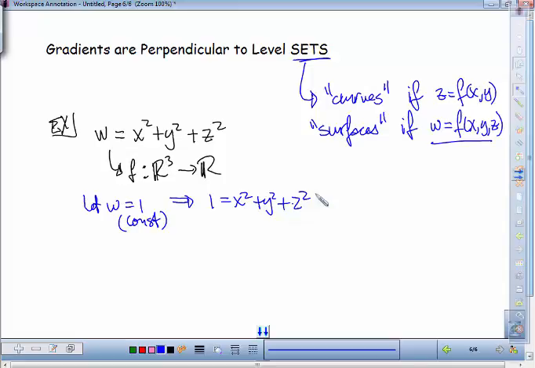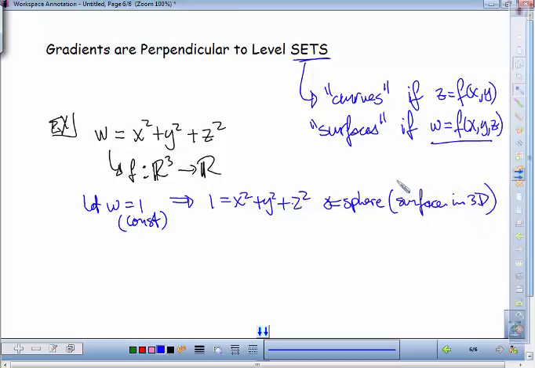What is this? This is a sphere, right? More specifically, this is a surface in 3D.